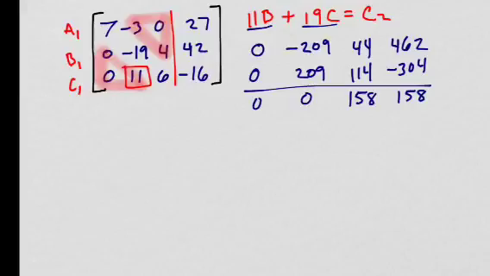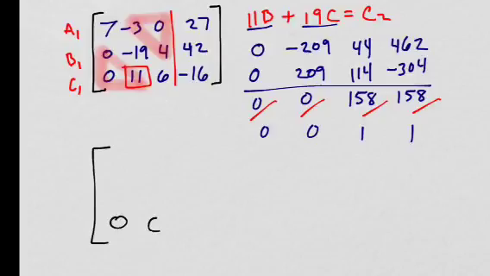Here it's really convenient to divide by 158. So I'm just going to divide each of those by 158, and I'll get 0, 0, 1, 1. And that is so much nicer than the rows I was getting earlier. Let's fill that in. 0, 0, 1, 1.